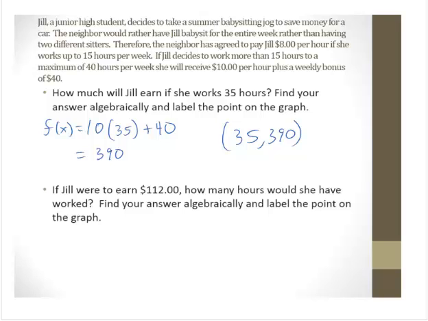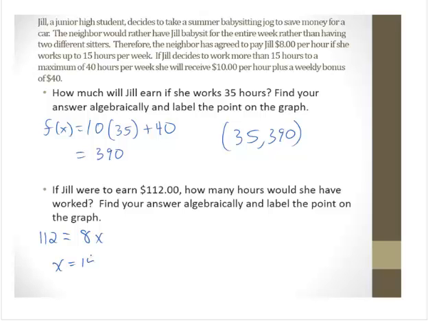If Jill were to earn $112, how many hours would she have worked? Find your answer algebraically. So we need the output to be 112. Well, which rule do we follow? Let's see what happens. If we set the 112 equal to 8x, that was the first part of the rule, then we would have 112 divided by 8 is 14.